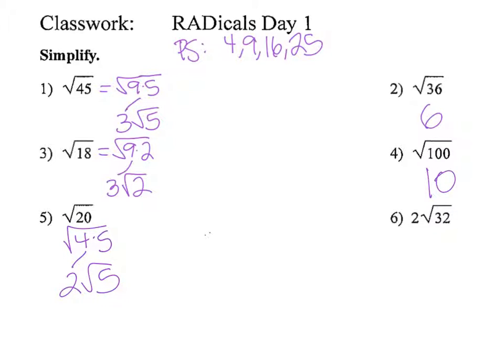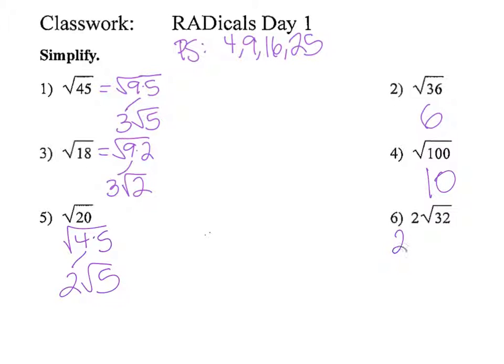Number 6, 32. There is a perfect square I wrote on the top of that paper. What number goes into 32? 8 and 4 is not a good choice because there's a bigger one. Think of a number that goes into 32 that's bigger than 16.